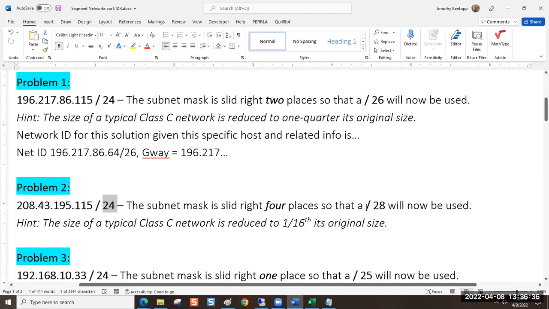And what that's going to do is it's going to create 16. 2 to the 4th is 16. 2 to the 2 is 4. But 2 to the 4th is 16. I'm going to create 16 smaller subnets. Segmented networks. More easily manageable networks. More easily defended networks.